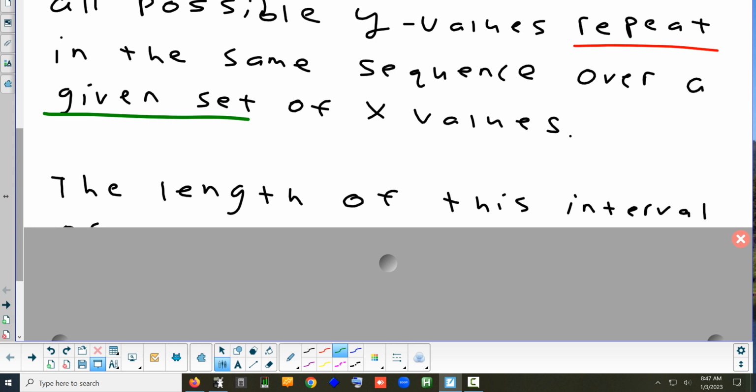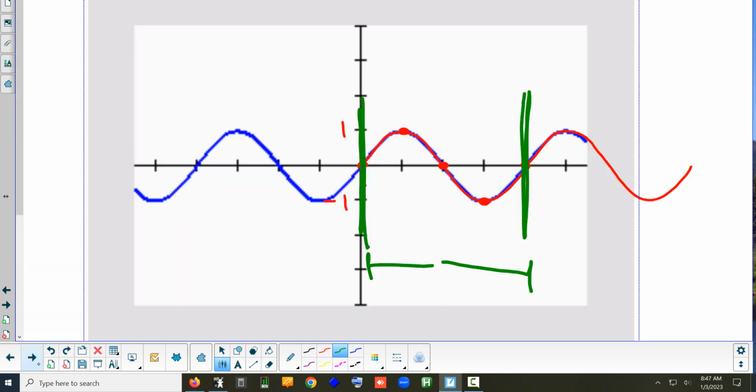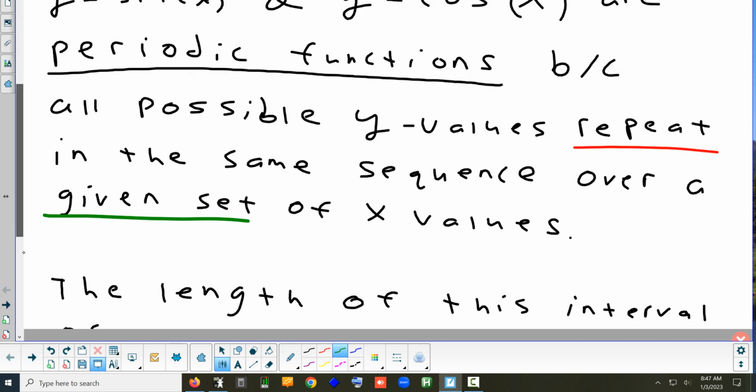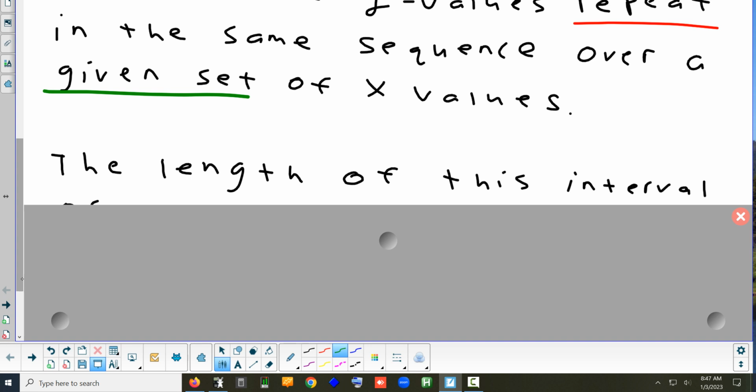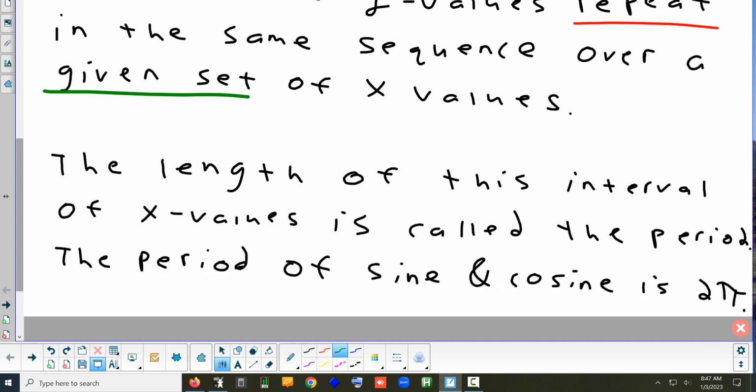So how long is that interval that you have to travel from here to here before it repeats? Well, if you stretch or compress it, you can change it. But if you don't stretch or compress it, it's 2 pi. 2 pi is the distance you have to travel before the graph repeats itself, if you don't stretch or compress it.